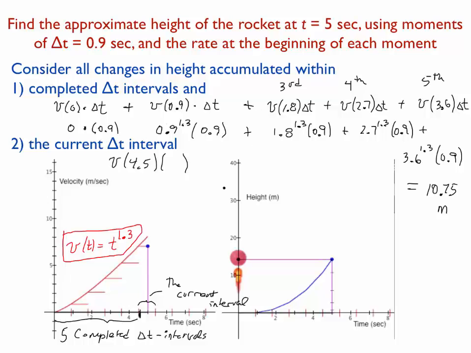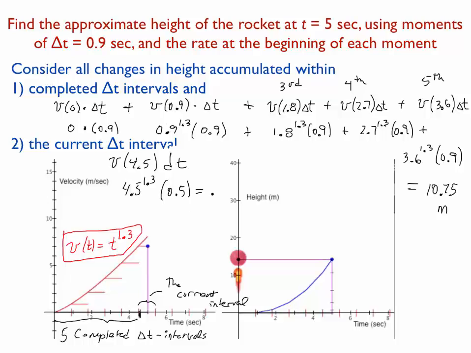And right now, this is going to be v of 4.5 times dt. V of 4.5 dt. And our dt right now is 0.5 seconds. So we have 4.5 to the 1/3 times 0.5. What does that equal?